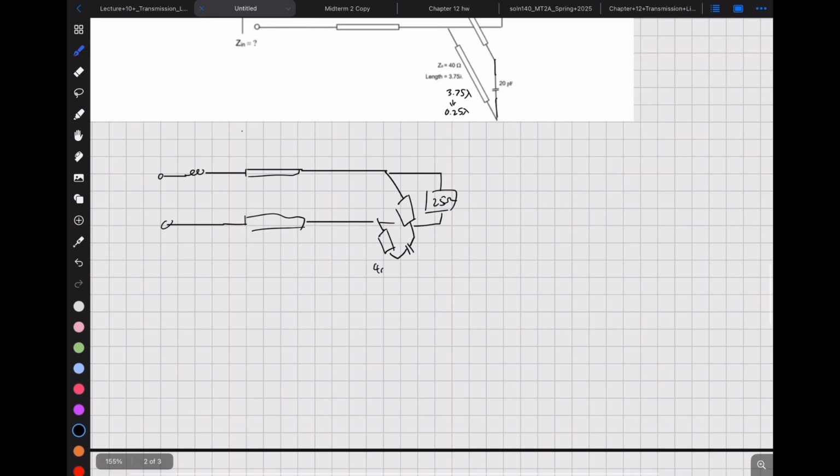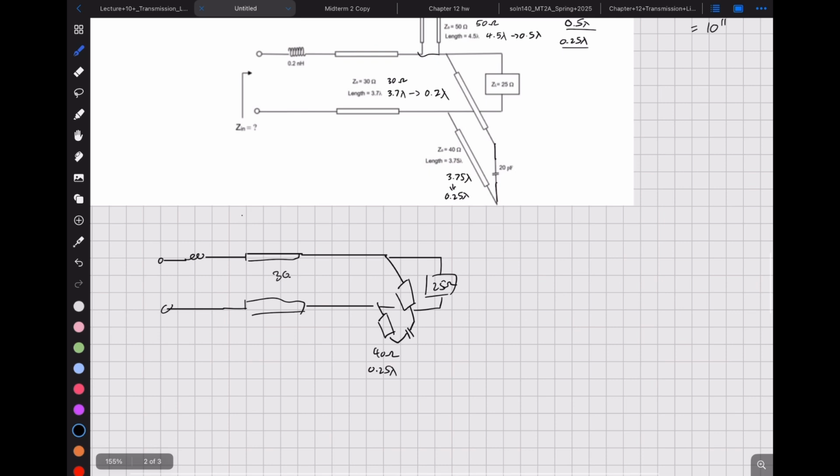So we have 40 ohms, 0.25 lambda, 30, and then 0.2 lambda.